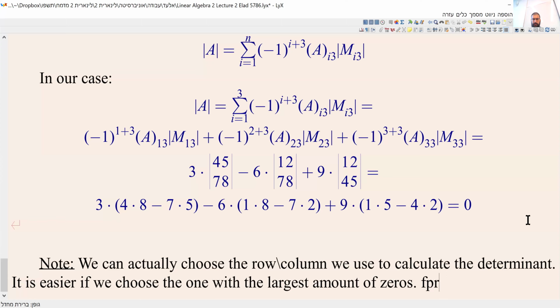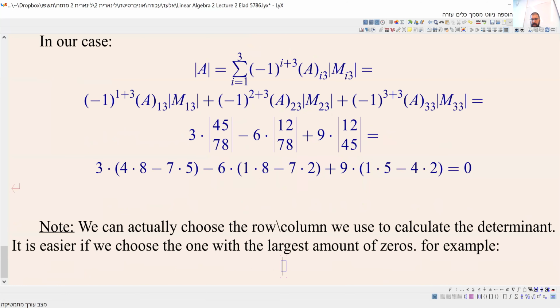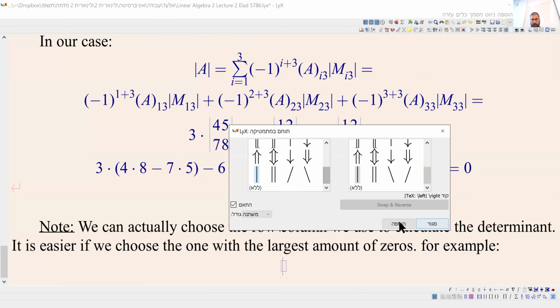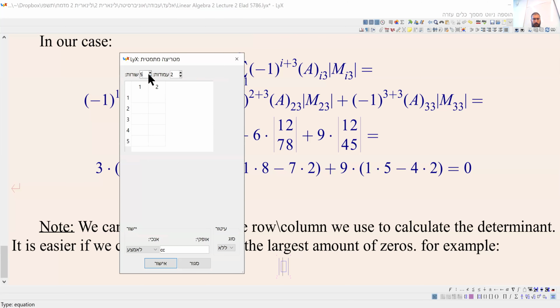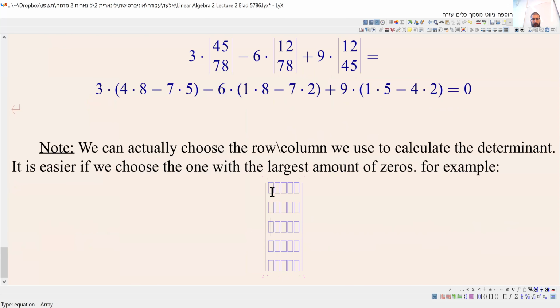Let's, for example, calculate the determinant of a 5 by 5 matrix. And let's have 1, 0, 0, 0, 0, 2, 4, 4, 5, 6, whatever. 3, 0, 3, 0, 0.